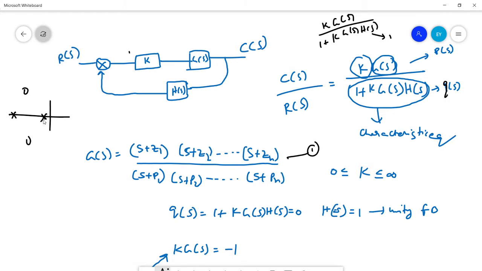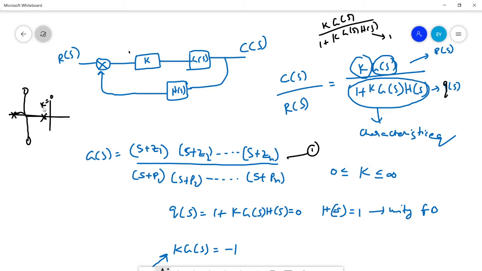As we mentioned in the previous class, the root locus can be plotted in which the locus will start from the pole and end at zero, right? Locus will start at pole and end at zero. The point at k equal to 0 is the point where the root locus will start from the pole.